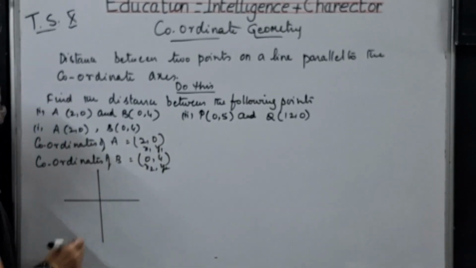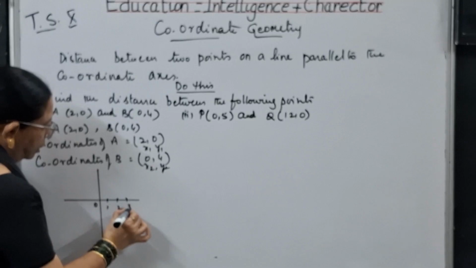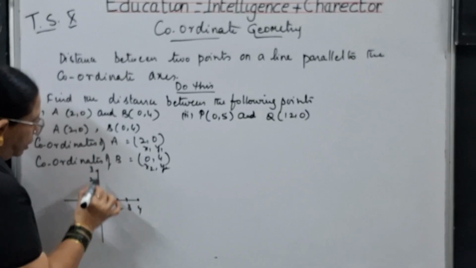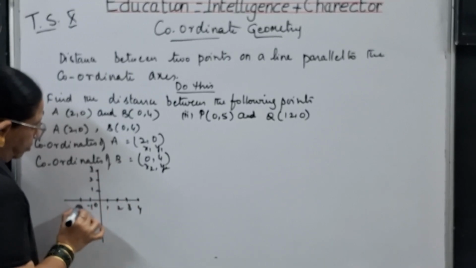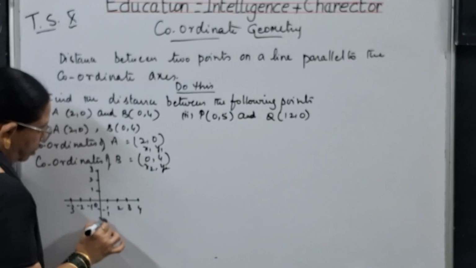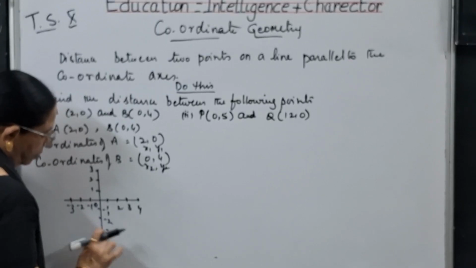So this is 0, 1, 2, 3, 4 and this is 1, 2, 3, minus 1, minus 2, minus 3, minus 4.